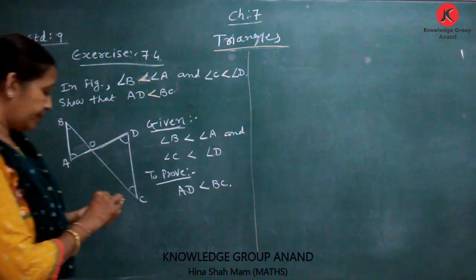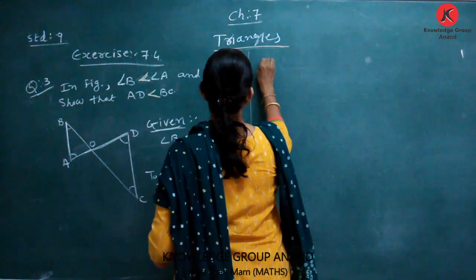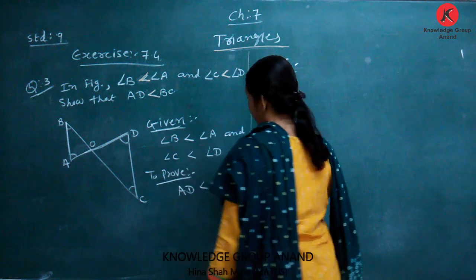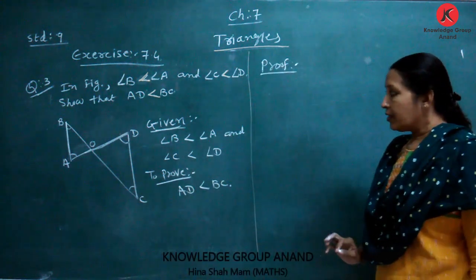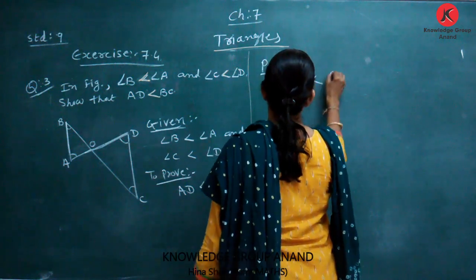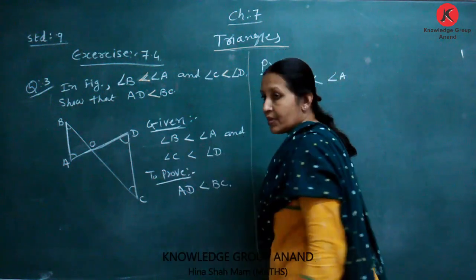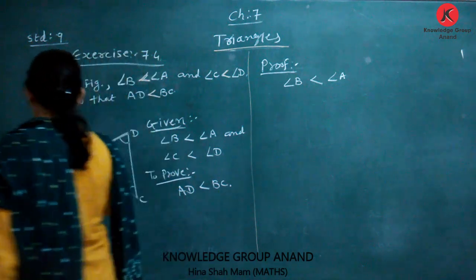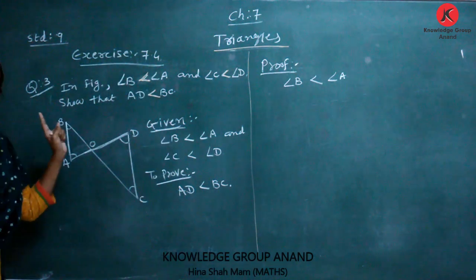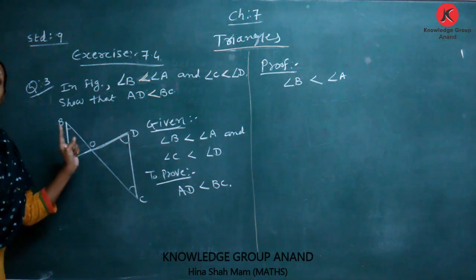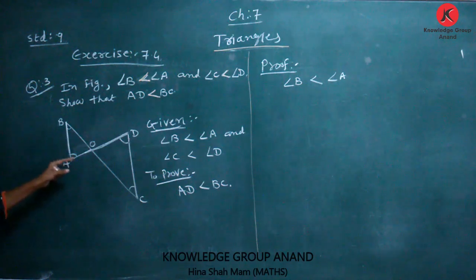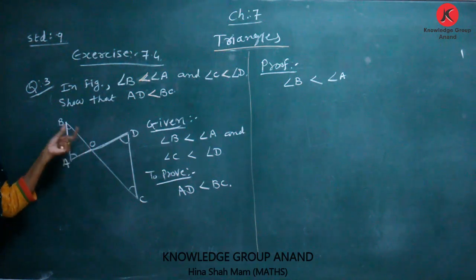Now proof. We have given angle B less than angle A. In this figure, angle B is less than angle A. We use our relation between angle and side. Angle B is less than angle A, therefore their opposite sides are also less.